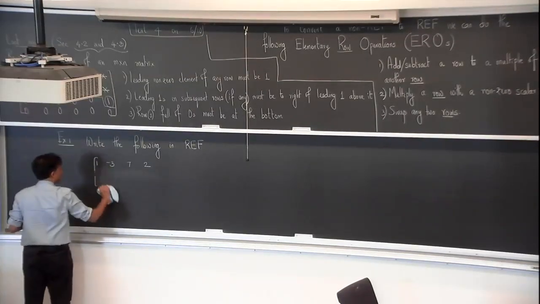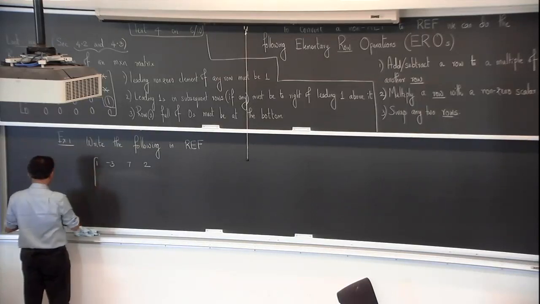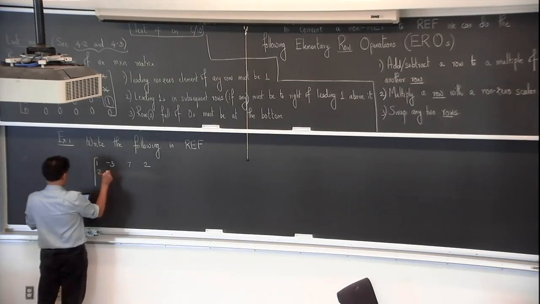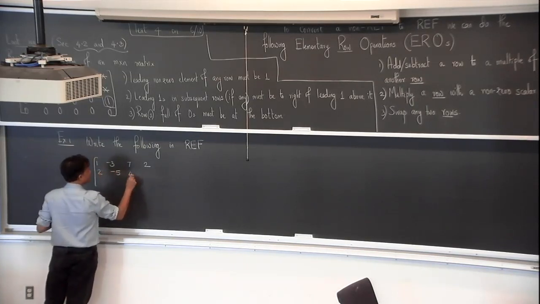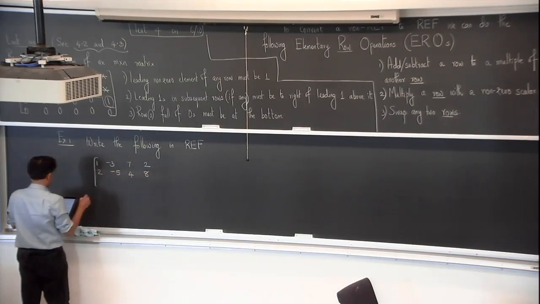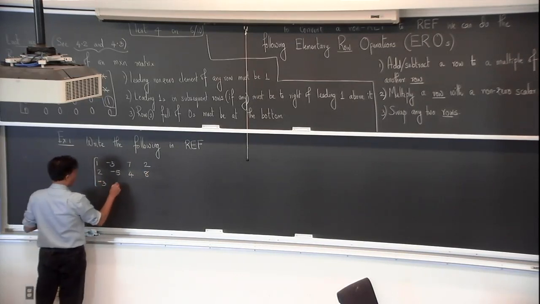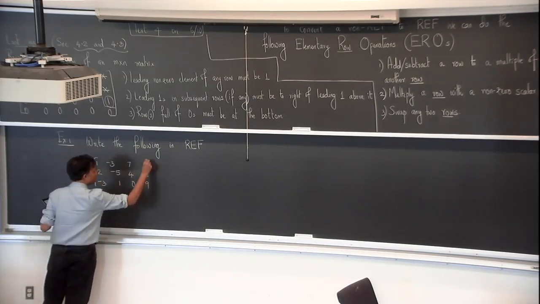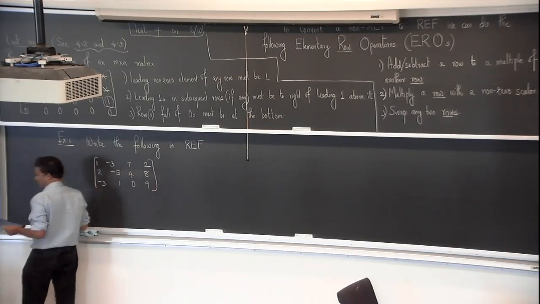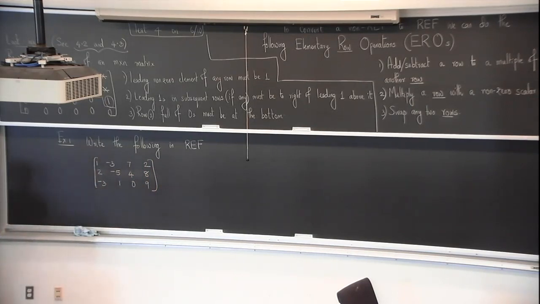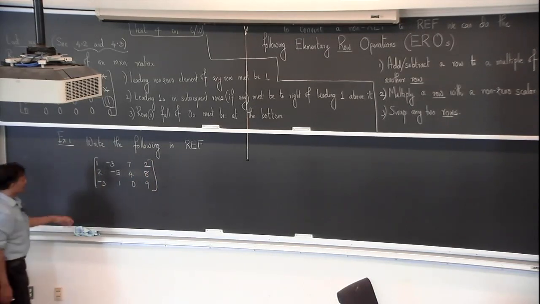That was not my intention. The second row, I need to read it from the question: 2, -5, 4, 8. Sorry about that. And the last row is -3, 1, 0, 9. So what I wrote earlier was what you would get after the first step. And this is why I don't like looking at things in writing, because I never look at the right things.